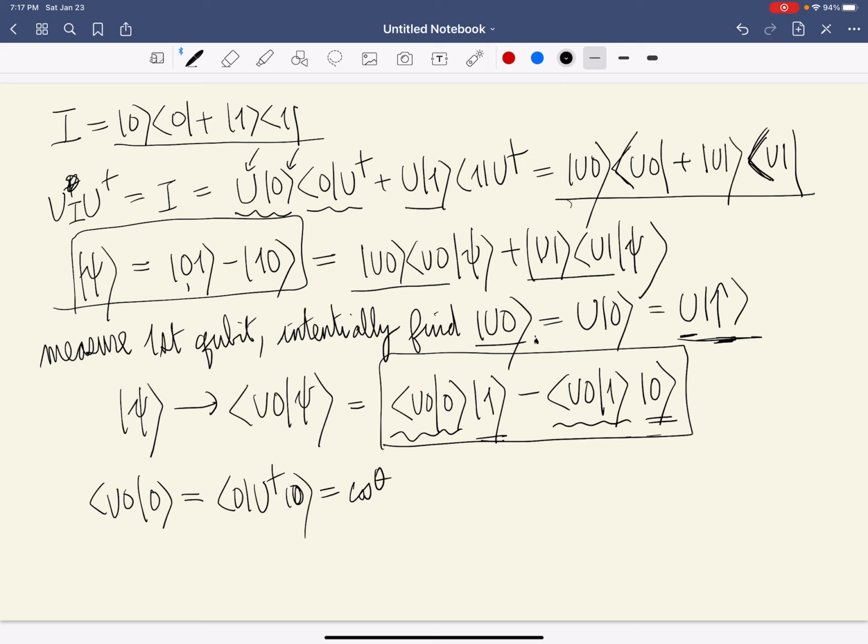So after some exercise, you find that this is cosine half theta, and then this overlap will give you sine of half theta with this phase factor.